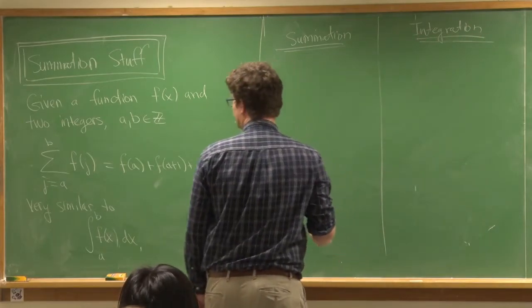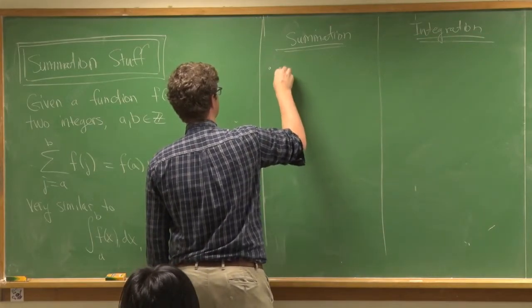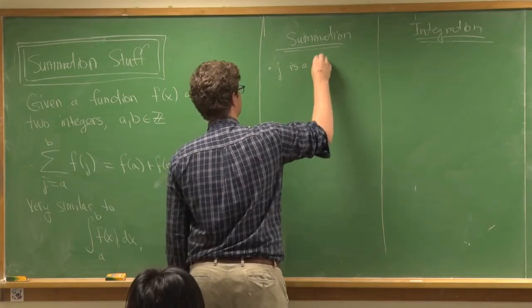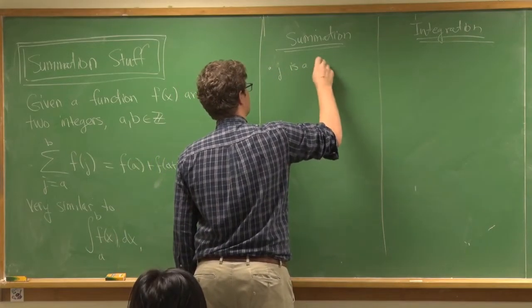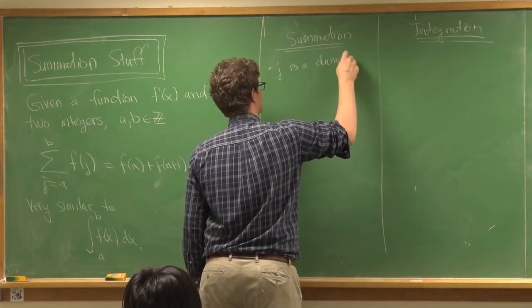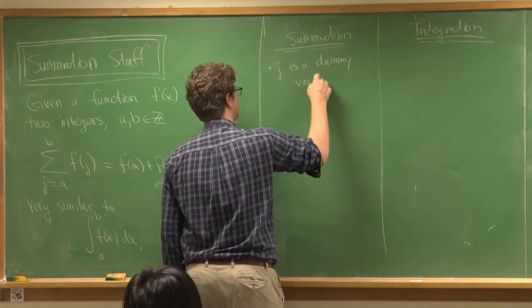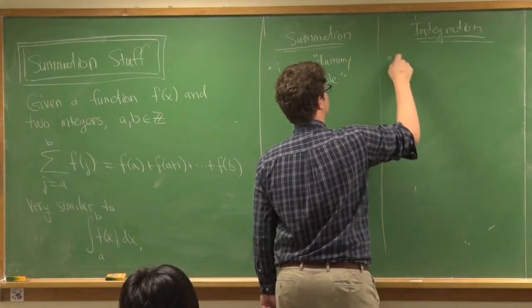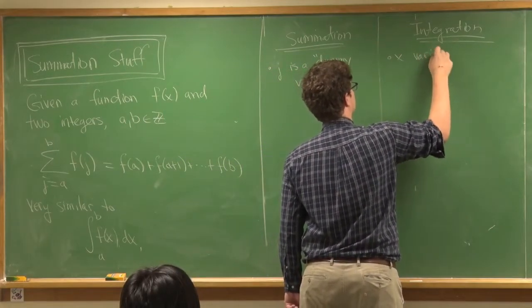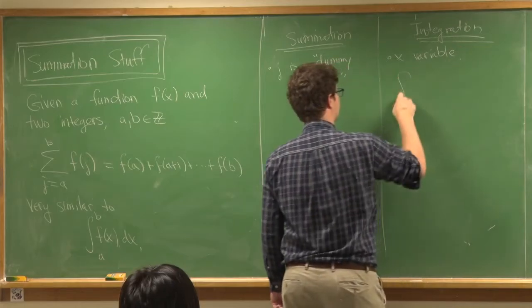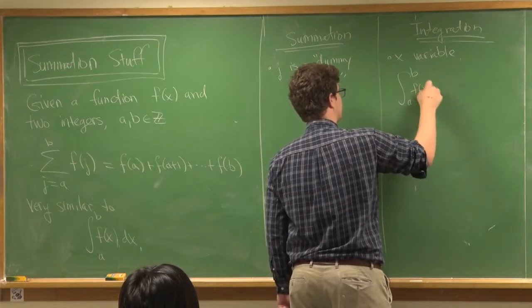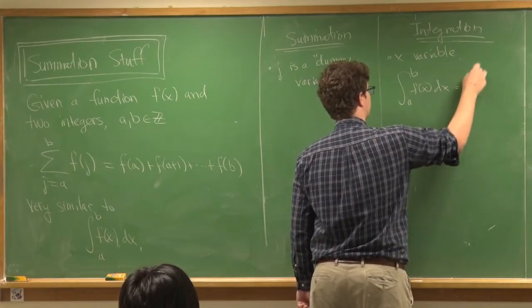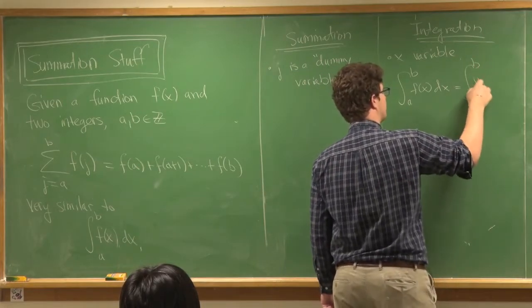Okay, so j is a dummy variable. And in this thing, x is a dummy variable. So the integral from a to b of f of x dx, this is the same thing as the integral from a to b of f of y dy.